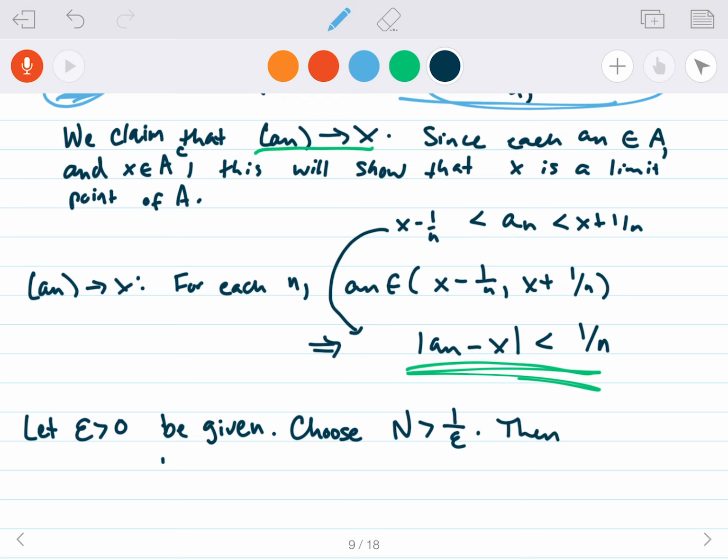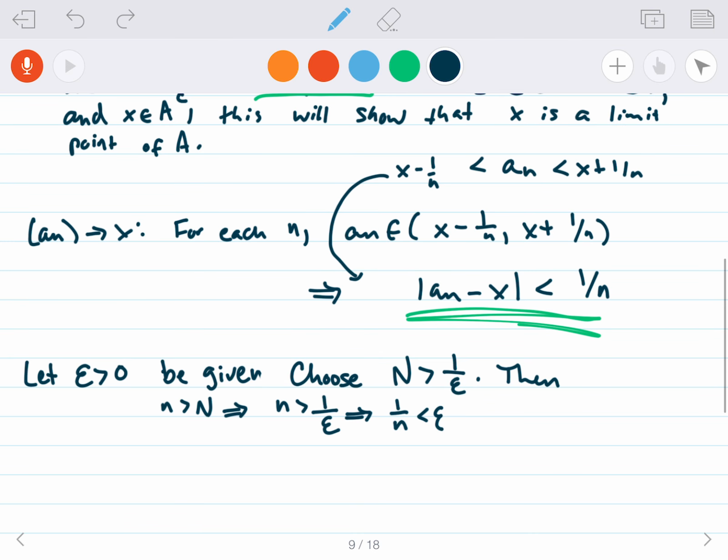Then n bigger than N implies that n is bigger than 1 over epsilon, which implies that 1 over n is smaller than epsilon, right? And that's what we want.